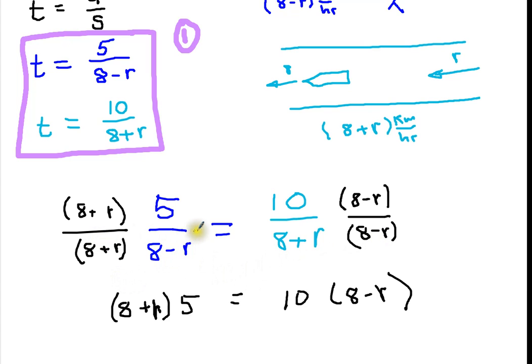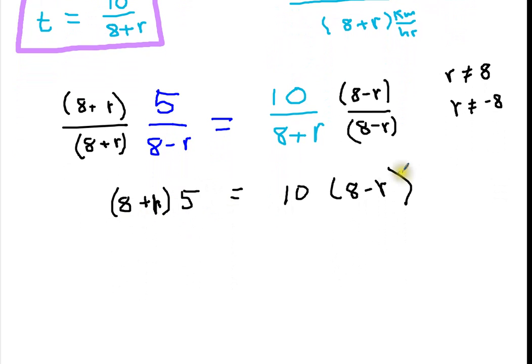And of course we know that r cannot be equal to 8, because if it were, this would be 0, and r cannot be equal to negative 8, because that would make this 0. But otherwise, r can be any real number.